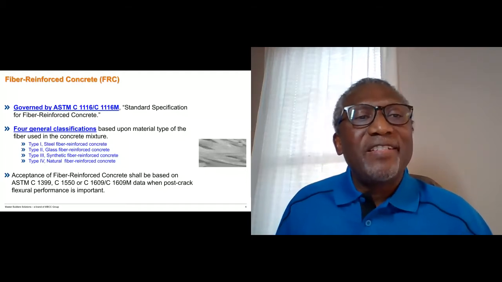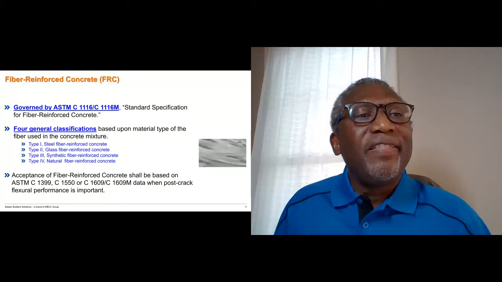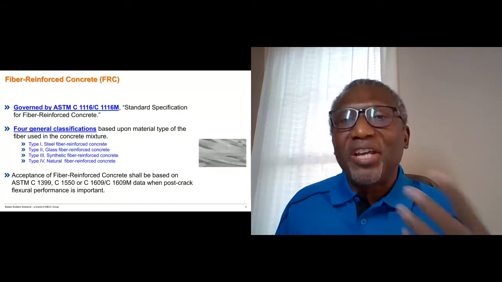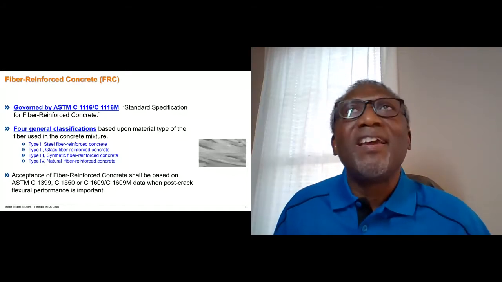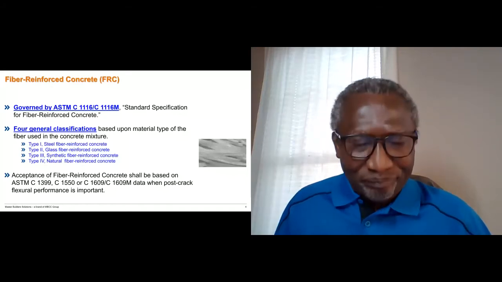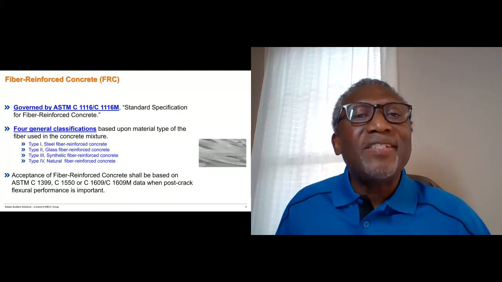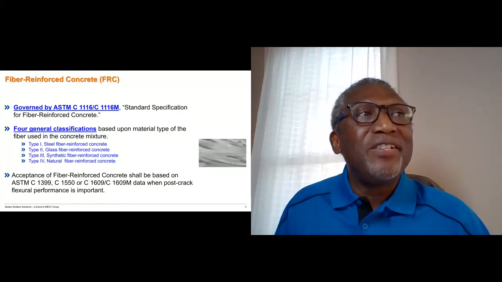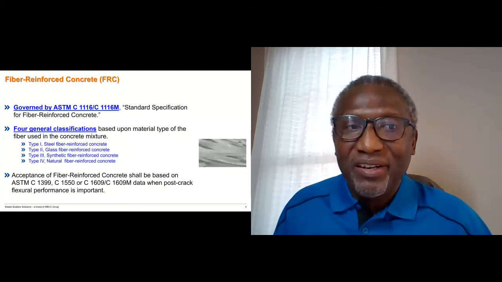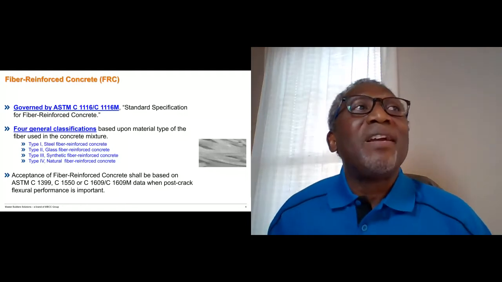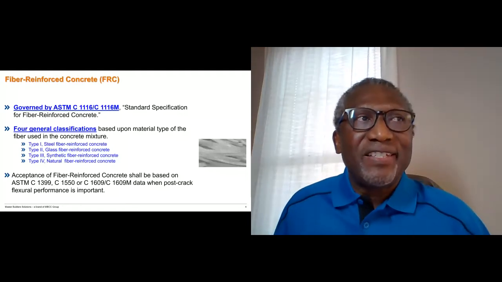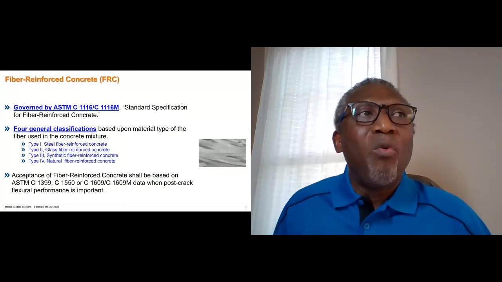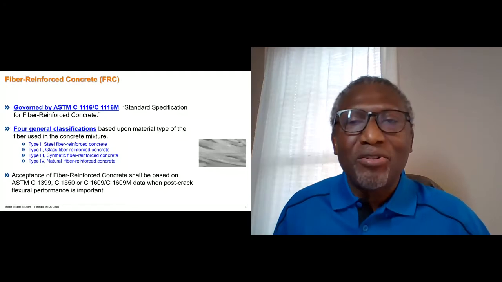Now, within ASTM C1116, there are 4 general classifications of fiber reinforced concrete that are delineated based on the material type that is used in making the concrete mixture. The first is type 1 for steel fiber reinforced concrete.